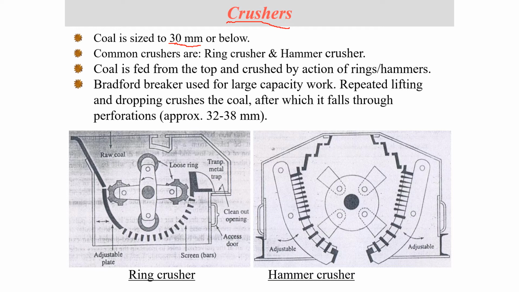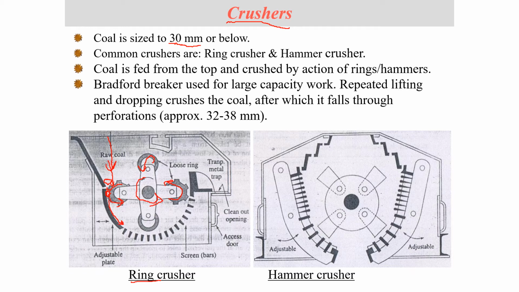So what we do is we actually dump coal here. We have a ring crusher which is rotating here, and these can rotate here as well. So what happens is coal gets trapped here, for example, and some of the big chunks of coal which are trapped here come here and then break apart, and then they are left here.